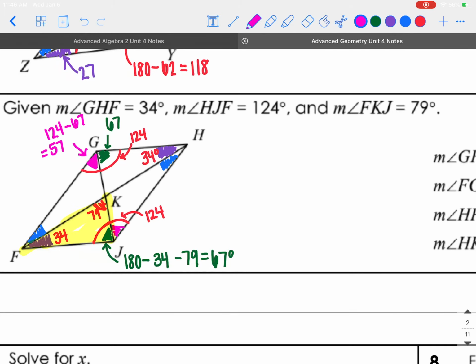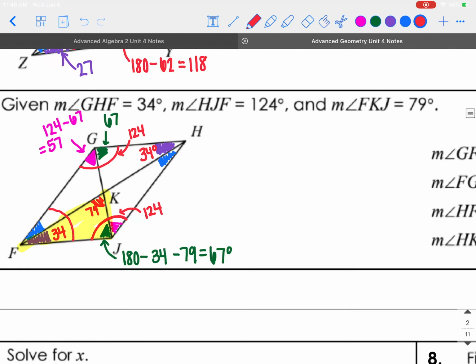The only other one that I don't have is the blue angle. And so we should be able to figure out what this whole thing is. So that whole angle, remember consecutive angles add up to 180. So that one I should do 180 minus 124.